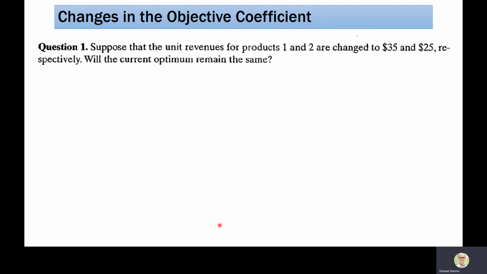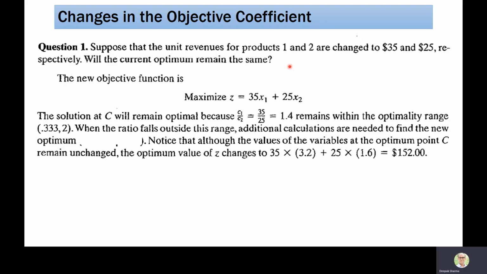Let us have a few questions that will help us understand the significance of the change in the objective function. Suppose that the unit revenues for products 1 and 2 are changed to 35 and 25, very large values. Will the current optimum solution remain the same? Let us identify the slope. The new objective function will look like this, and if I find C1 by C2, it is 1.4.